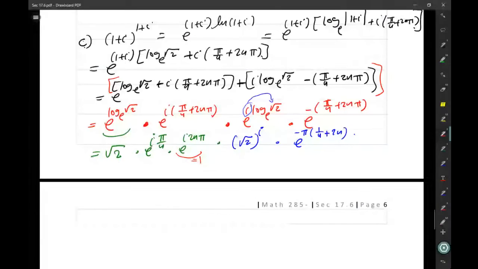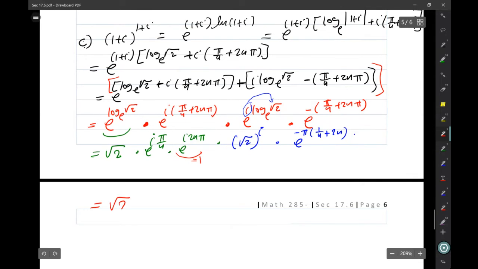How is it equal to 1? Who can tell me how it equals 1? It is equal to cosine of 2n pi plus I sine 2n pi. Sine 2n pi is equal to 0. Cosine 2n pi is equal to 1.